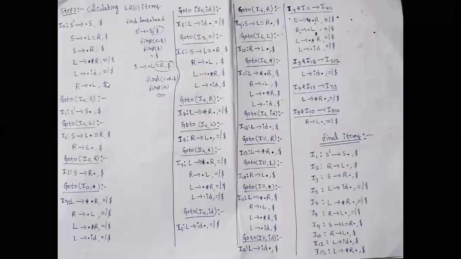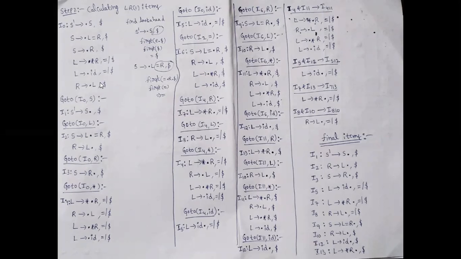After L, is there any terminal or non-terminal? So there is no terminal and there is no non-terminal. Then we have to calculate the first of this one. So first of this one becomes epsilon into dollar. So first of dollar is dollar. So we are including dollar to this production. So here we have equal to or dollar as the look ahead for these two productions.